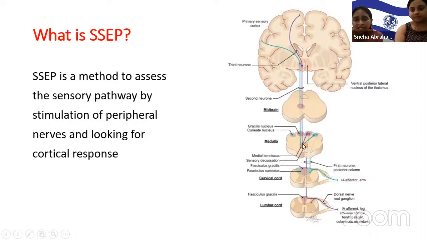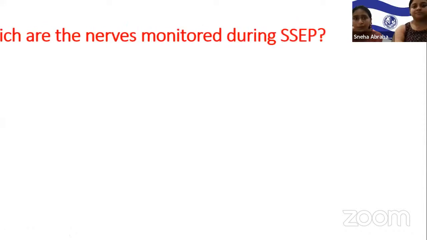It synapses at the cervicomedullary junction, crosses the midline and ascends to the thalamus by means of the medial lemniscus. From here, the third order neurons relay to the sensory cortex. The sensory impulses from the upper limb are relayed to the parietal lobe, while the sensory inputs from the lower limb are relayed to the interhemispheric fissure.